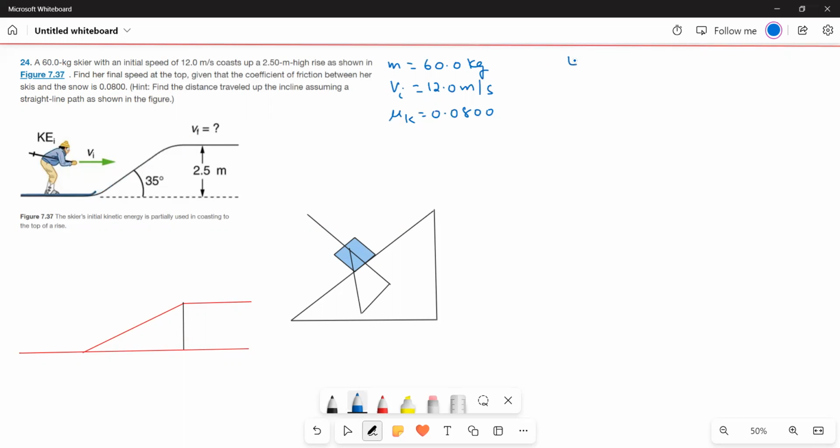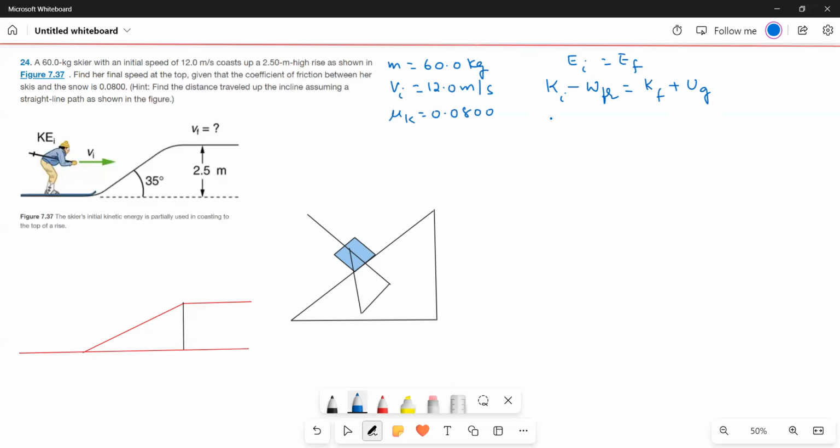E initial is equal to E final. This is the law of conservation of energy. E initial is the kinetic energy, and then we have to deduct the work done by the friction. That must be equal to the final energy, which is kinetic energy plus gravitational potential energy.